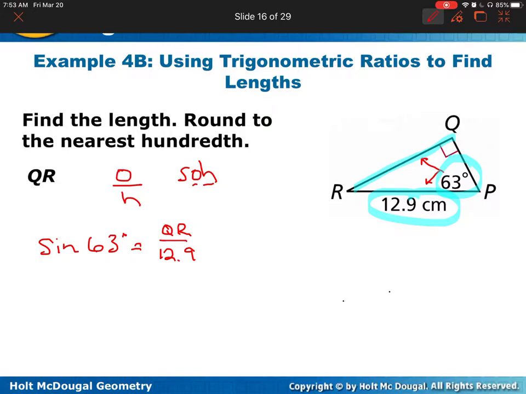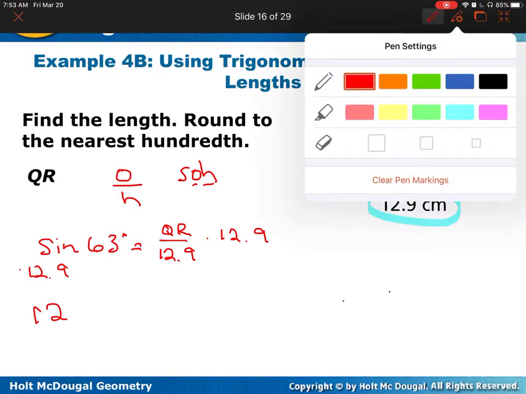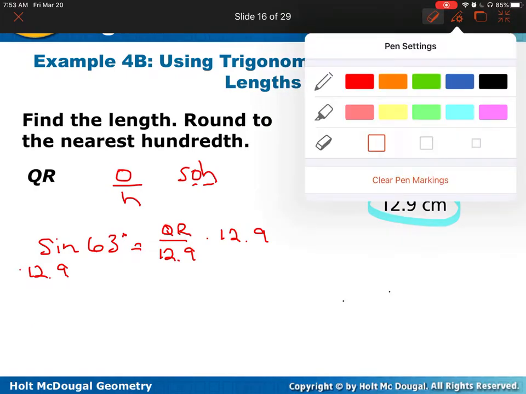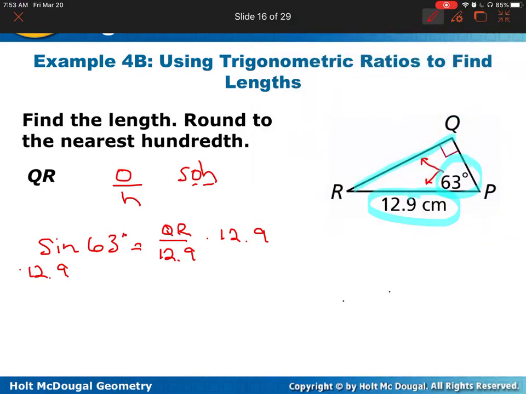Okay, so this one, we're again going to solve for QR, so we're going to multiply by 12.9 on both sides. So it becomes, I'm sorry, I'm getting a little messy here with the writing. So we have 12.9 times the sine of 63 degrees.